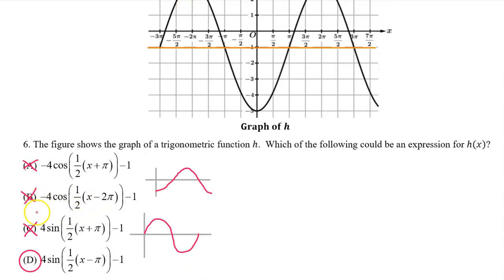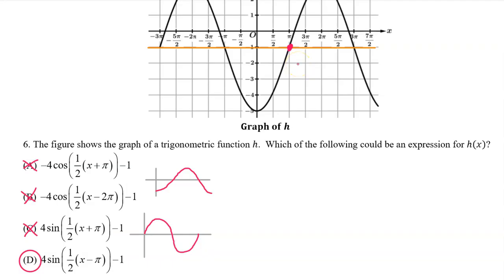By the process of elimination, we know that option D must be the answer, but let's run through it anyway. With its positive a value, we know that function D is a right side up sine function, so the first period should look like this. The c value is negative pi, therefore the phase shift is positive pi. So the first period of function D will begin right here at positive pi.